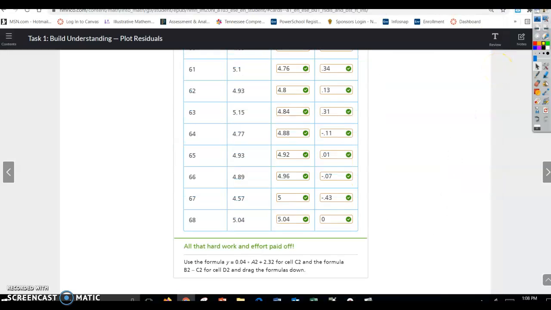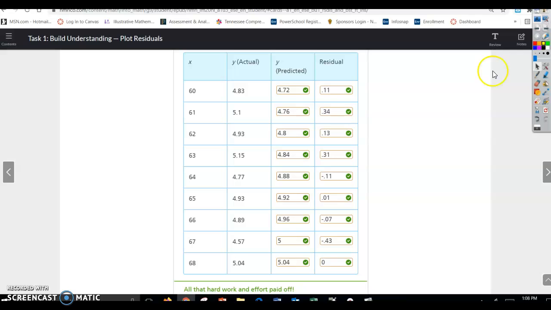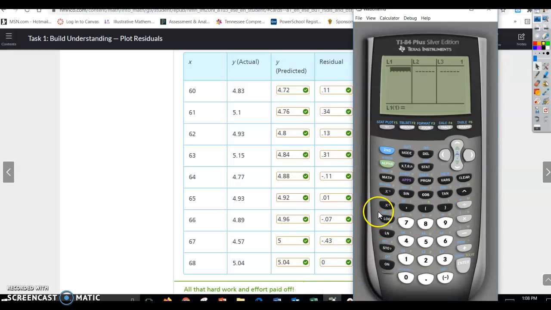So I'm going to have to go back up to my table here. And let's see if I can quickly do this. So 60, 61, 62, and then put your Y's.